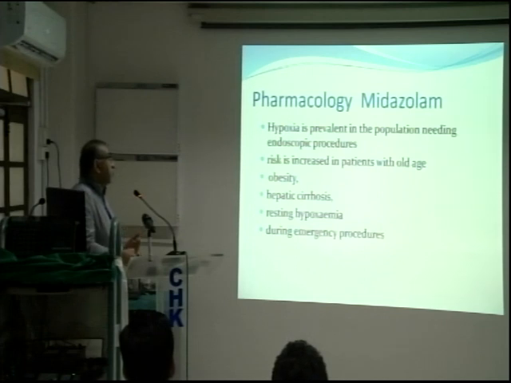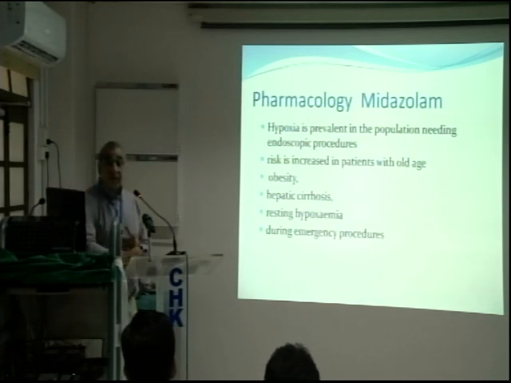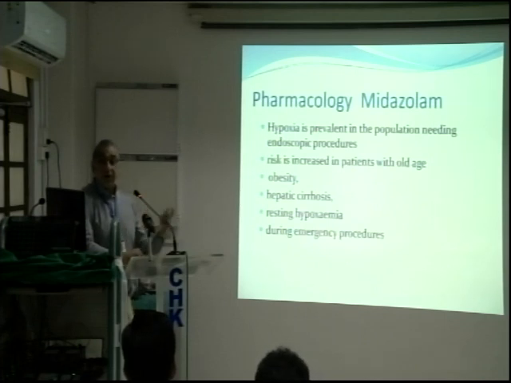Generally, patients that you tend to endoscope are mostly elderly, because you are investigating iron deficiency anemia, you want to do colonoscopy, OGD on these patients, they would be more subject to the effect of sedation. Patients with obesity, hepatic cirrhosis, hypoxemia due to chest problems, and any procedure done during emergency is always high risk, because that patient may be bleeding actively or whatever.